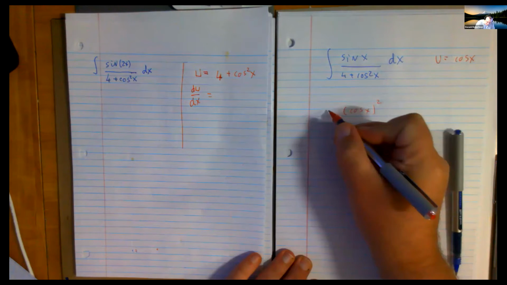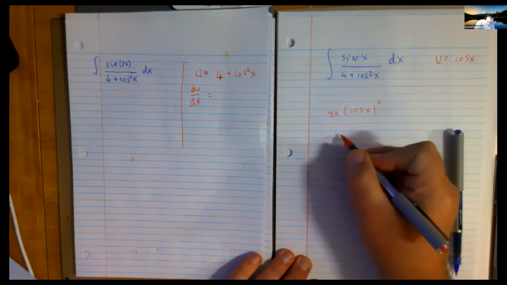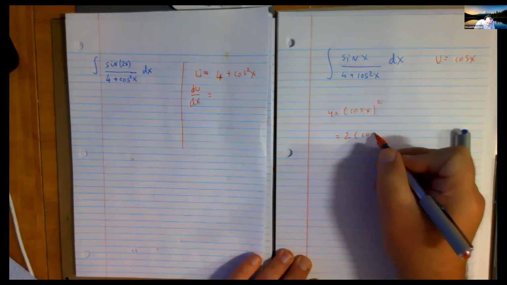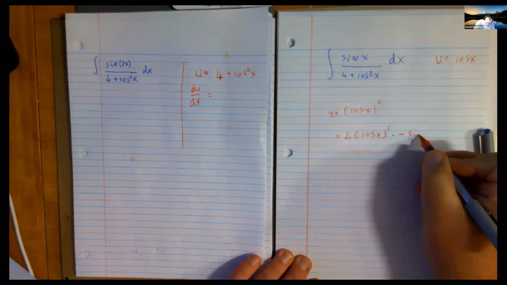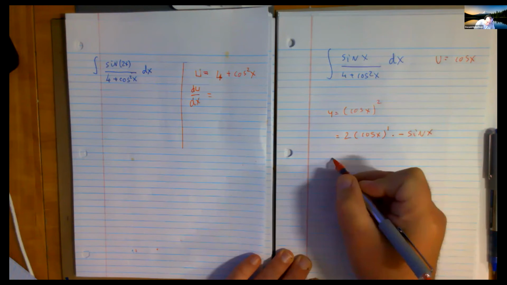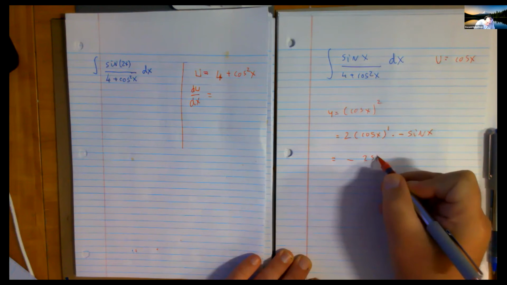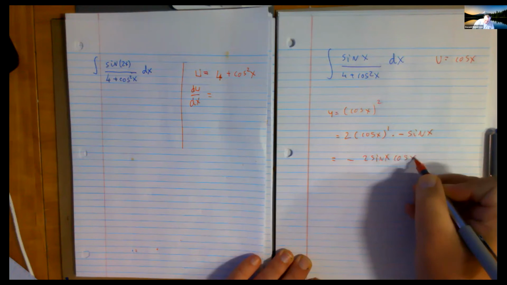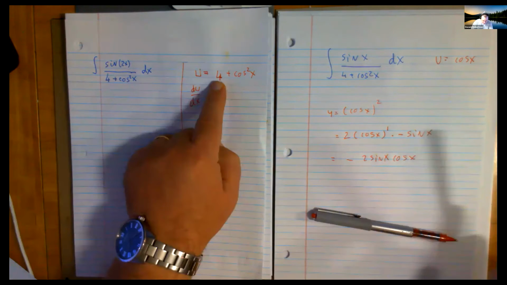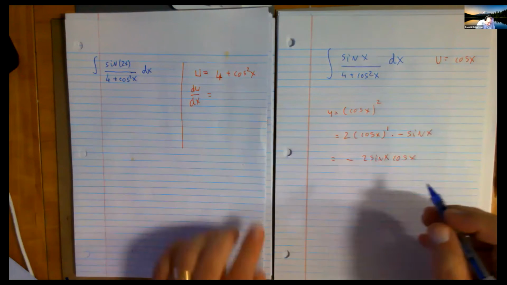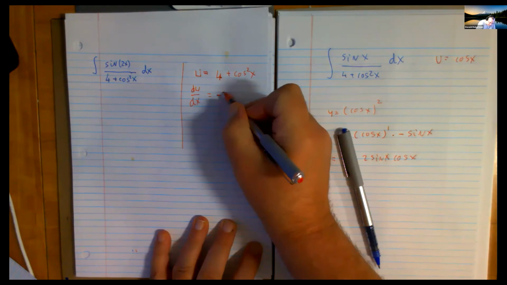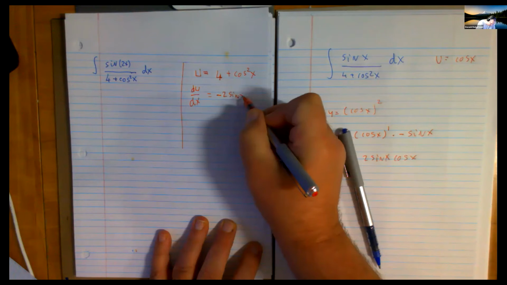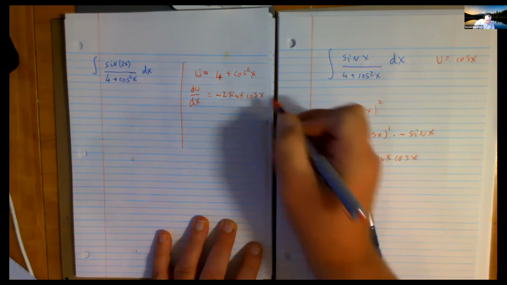So if you differentiate cos squared, you get 2 lots of the cosine of x to the power of 1 times the derivative of cosine x, which is negative sine x, which means that you get that weird looking fella. So 4 goes away, and the derivative of cos squared is negative 2 sine x cosine x.